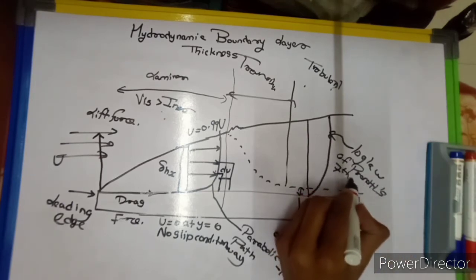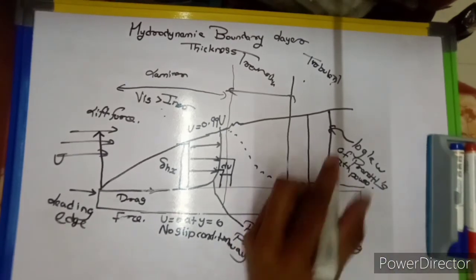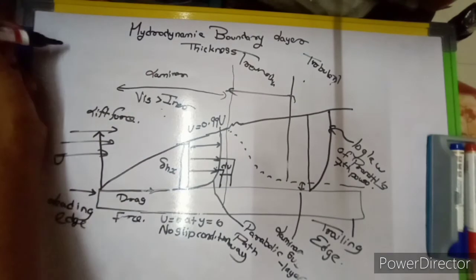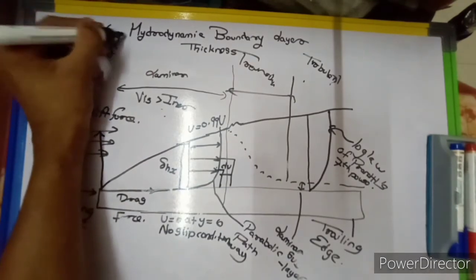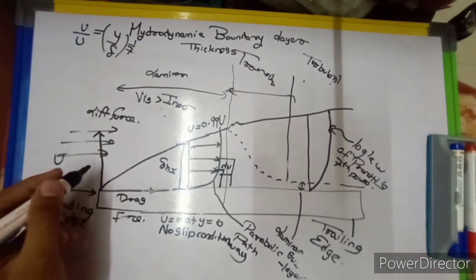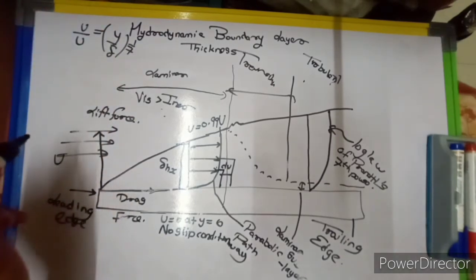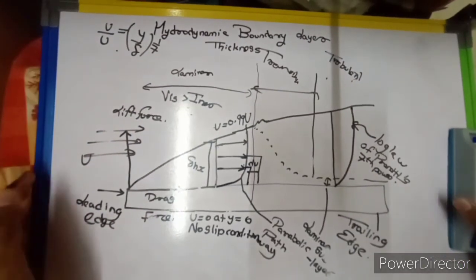7th power. The equation of the log law of Prandtl 7th power is given by, see, small u by capital U is equal to y by delta the whole raised to 1 by 7. Okay, so this is Prandtl's 7th power law. So there are some important things.